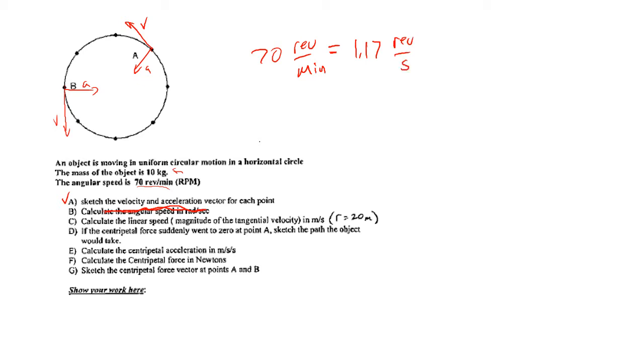Now each revolution covers the circumference. So circumference is going to equal 2 times pi times r, which is 20, so 40 pi.